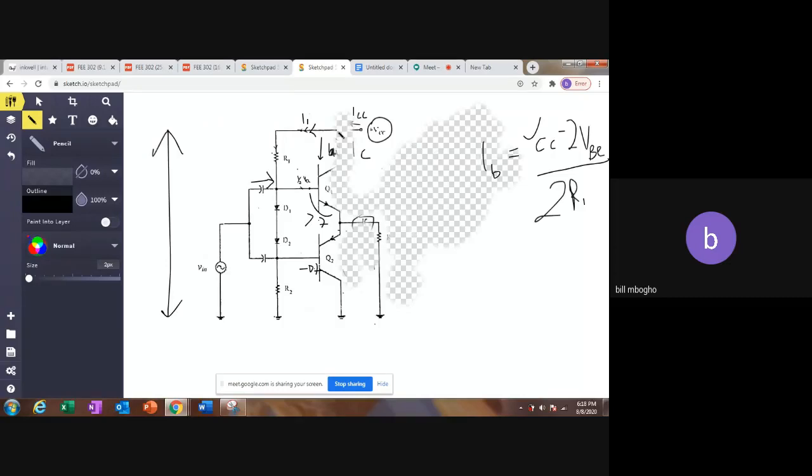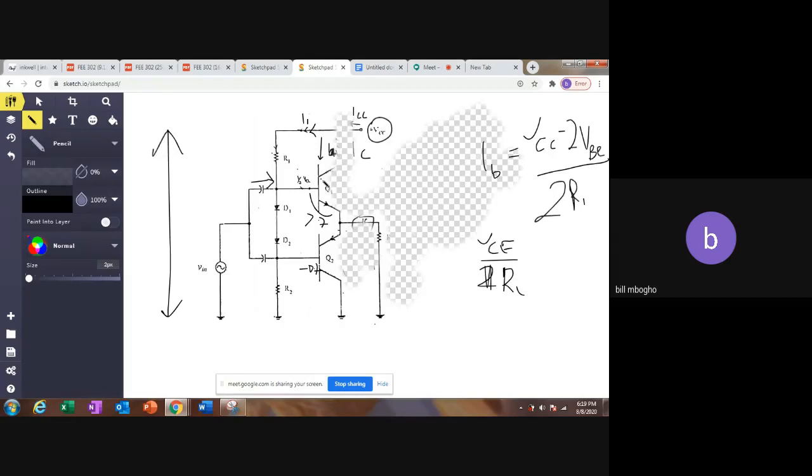Yeah, and the formula for this current is VCE over 2RL. VCE over RL, sorry. It's VCE over RL, the current coming here.